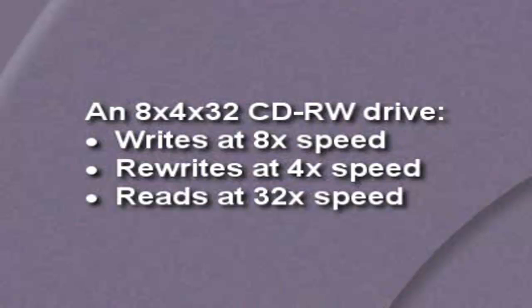For example, if you had an 8 by 4 by 32 CD-RW drive, that meant that it could write as a CD-R at 1,200 kilobytes per second. It could write to a CD-RW disk at 600 kilobytes per second, and it could read at 4,800 kilobytes per second.